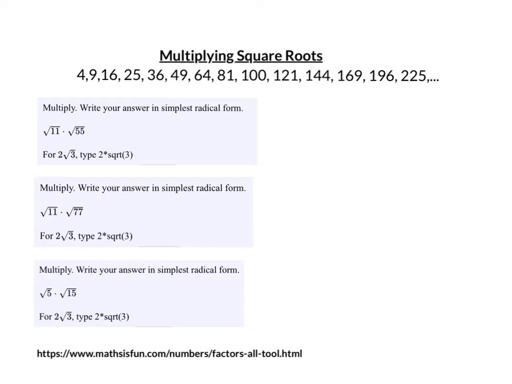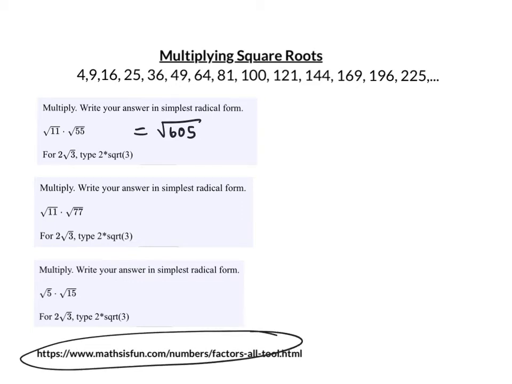For the first one, root 11 times root 55, 11 times 55 is 605. So in fact, this is the square root of 605. If you do this, then you're going to want to go to the factor calculator on mathisfun.com and start looking for perfect squares.